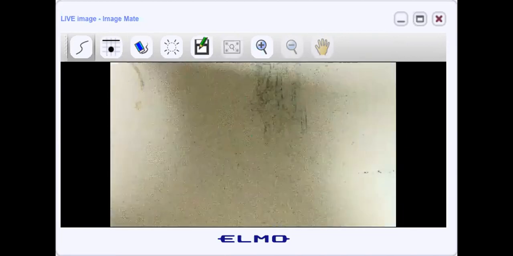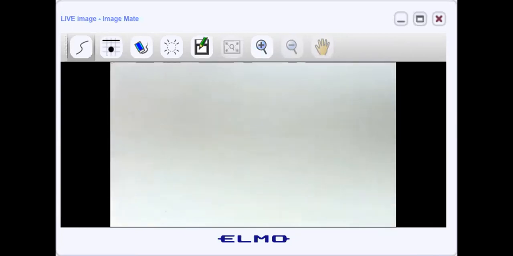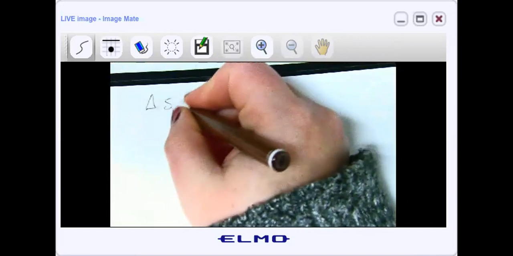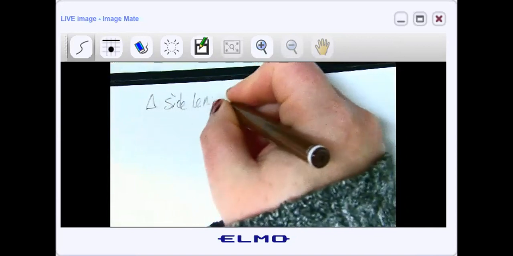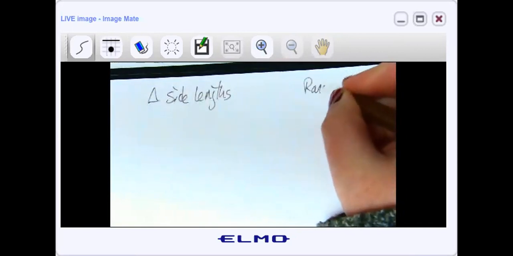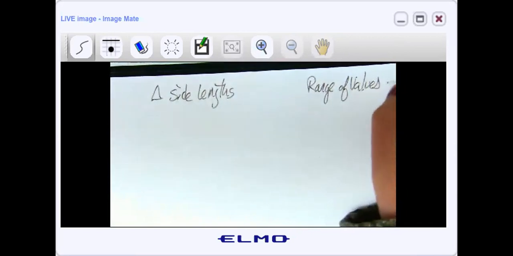Okay, let's flip the page and we'll try some. Okay, I'm going to make a little chart here. Let's do triangle side lengths, range of values, or third side.